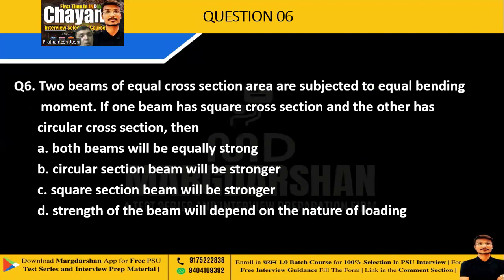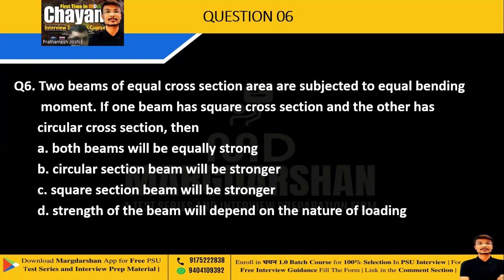Two beams of equal cross-sectional area are subjected to equal bending moment. If one beam has a square cross section and the other has a circular cross section, then which of them would be stronger?